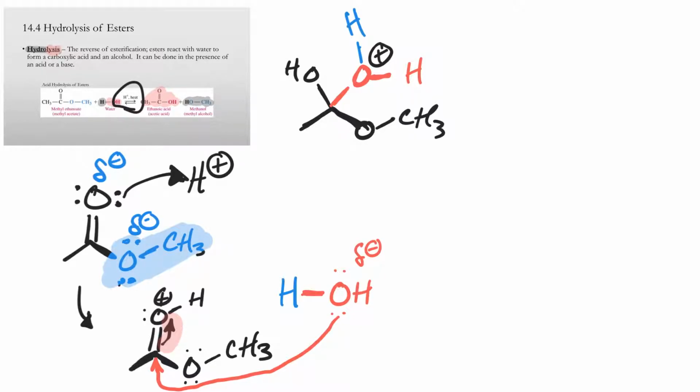Well, we still have the lone pairs of what now has become an ether. And they can attack the blue oxygen. I mean, I could have made the blue one over here. I just wasn't really thinking about that as I was drawing it. But essentially, they'll attack one of those hydrogens and make this.